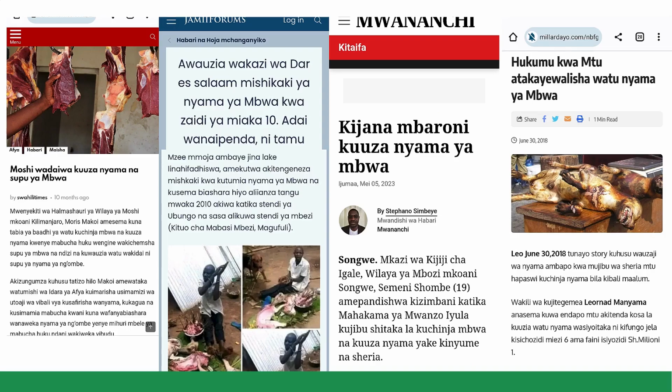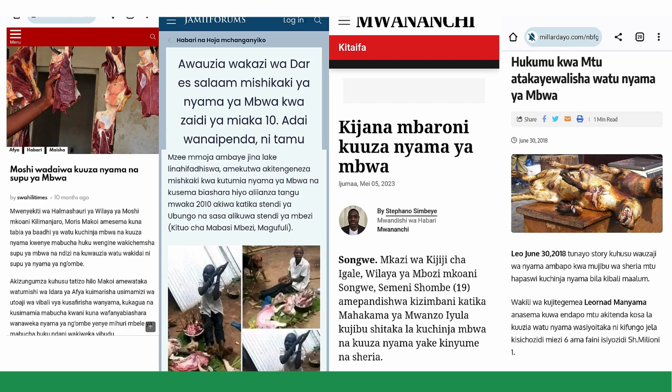If you take a look at this slide, we have gone through several newscasts where people have been reporting selling or consuming meat that is not intended for human consumption. For instance, on the far left, this is an online platform reporting that somewhere in Moshi, people were caught selling dog soup. On the second, in Dar es Salaam as well, people were selling barbecue made from dogs.